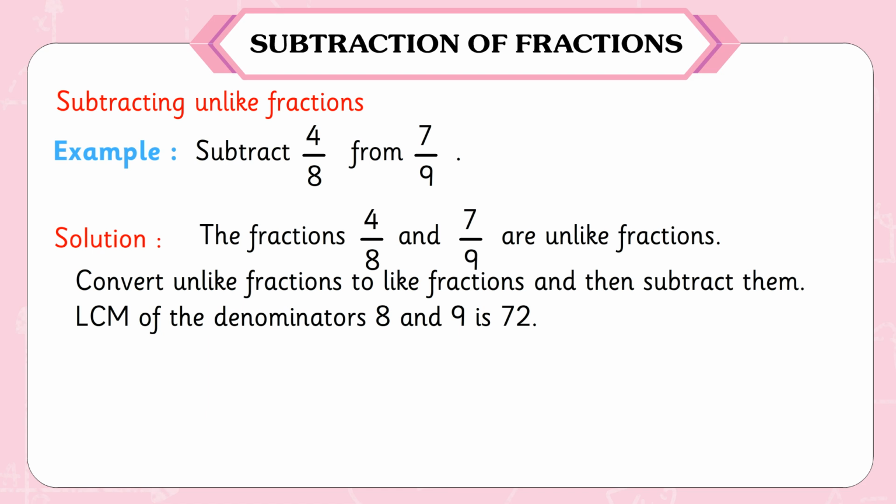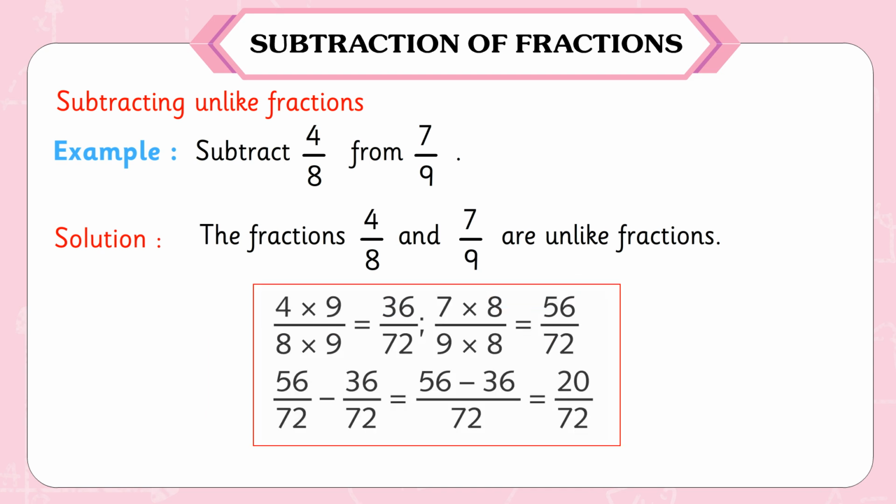LCM of the denominators 8 and 9 is 72. 4 into 9 by 8 into 9 is equal to 36 by 72. 7 into 8 by 9 into 8 is equal to 56 by 72. 56 by 72 minus 36 by 72 is equal to 56 minus 36 upon 72 is equal to 20 by 72.